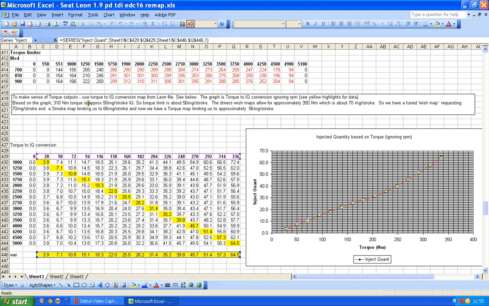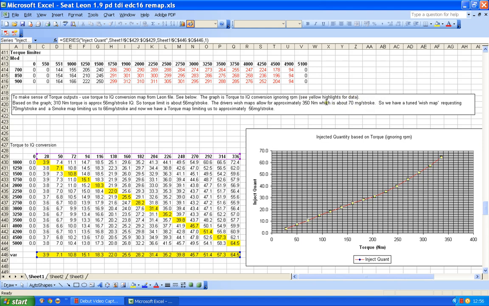So as I've said here, 310 Newton meters is approximately 56 milligrams. So we had the driver's wish, and again I've made a note here to remind myself, the driver's wish was allowing for approximately 350 Newton meters, which would have been about 70 milligrams.